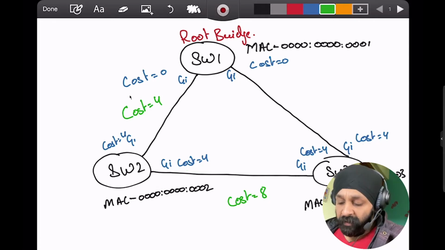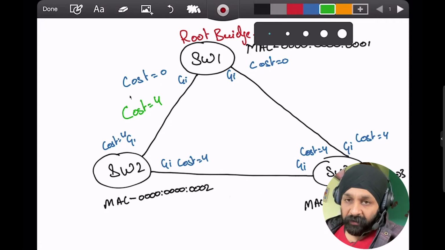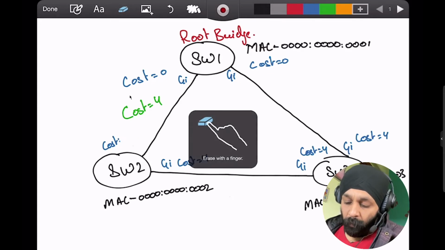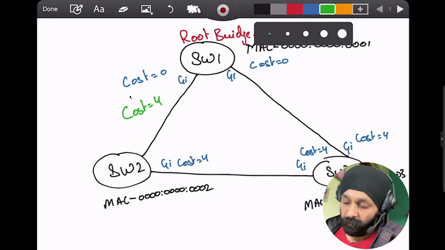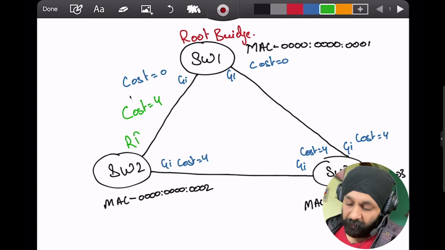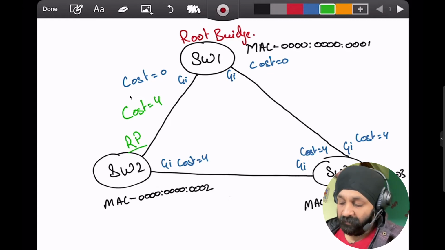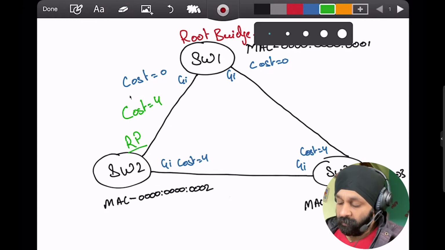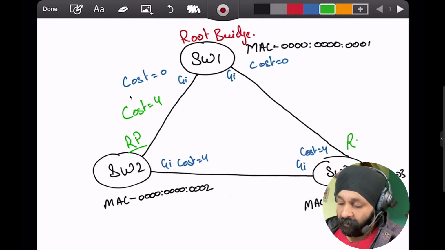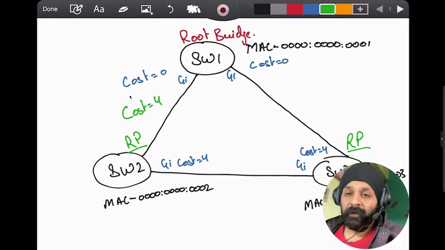So definitely the gigabit port connecting switch 2 and switch 3 doesn't make sense. The port that is directly connected with switch 1 is given the root port status on switch 2. Similarly, on switch 3 also, the directly connected port will become the root port.